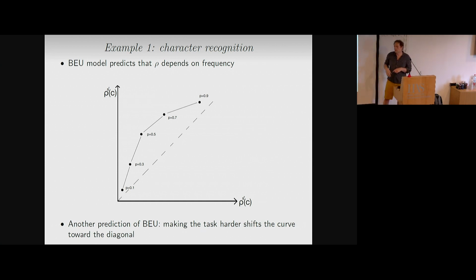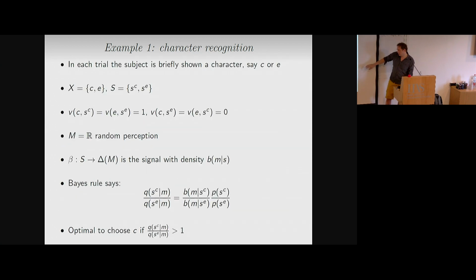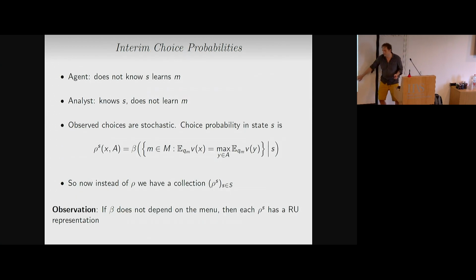So the model is now sensitive to both the prior and the difficulty of the task, which I could manipulate by changing the beta in the Blackwell experiment. You can see this is a much richer model than just a random utility model, even though in each state we have a random utility model. These are all connected to each other in interesting ways.